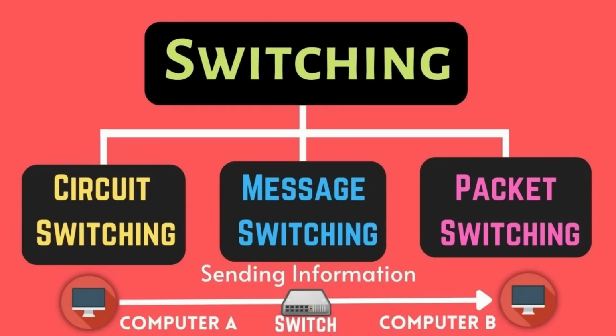Characteristics of circuit switching: guaranteed data rate and lower latency once the connection is established, but less efficient, since the bandwidth stays reserved even when no data is being transmitted.